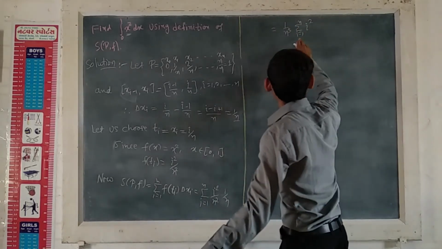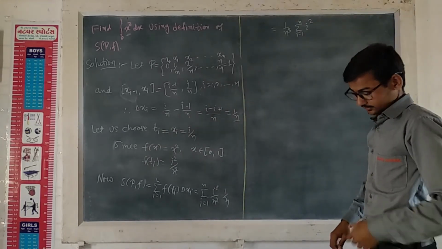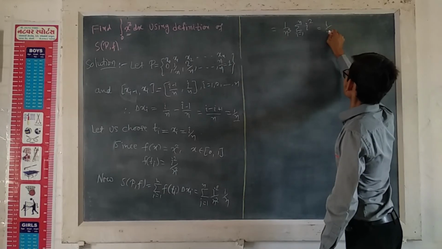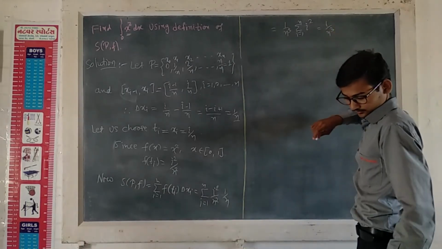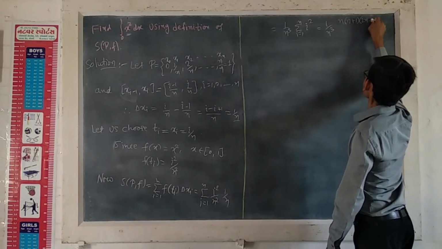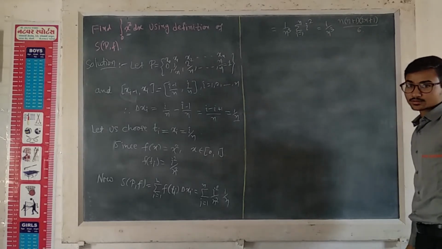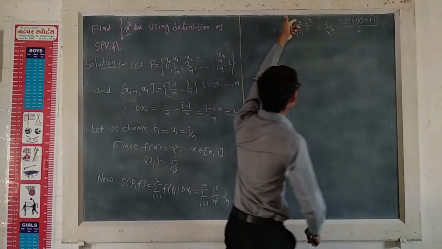What is the sum of I square? It is n into n plus 1 into 2n plus 1 by 6, because the last term is n.